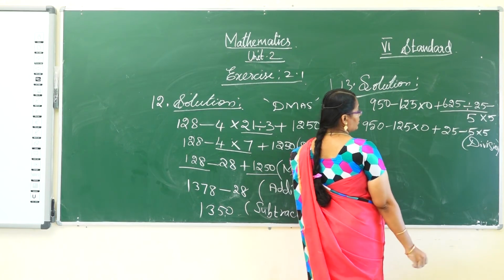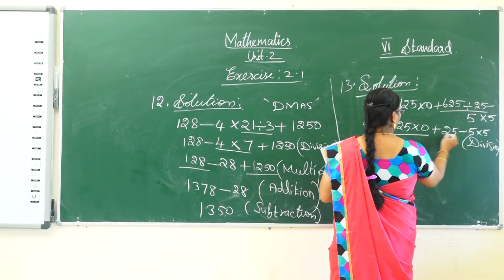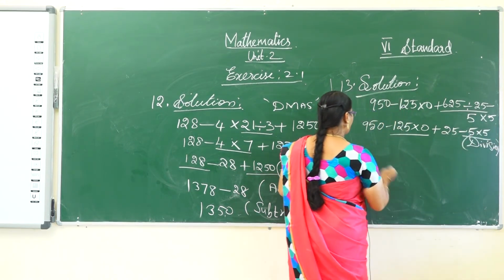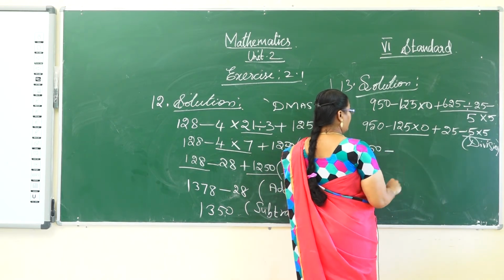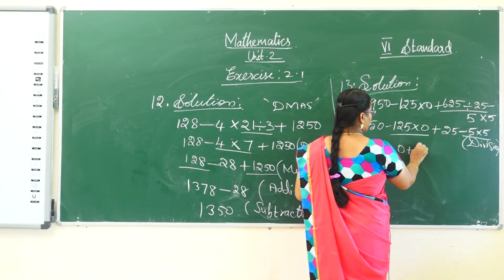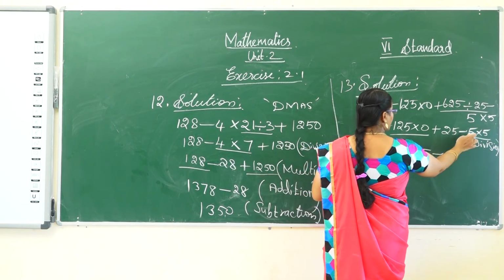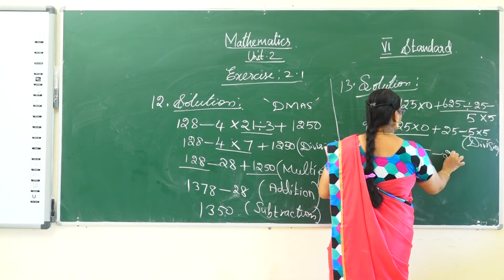Next preference to multiplication. Here two multiplication terms are there. 125 multiplied by 0 is 0, so 950 minus 0 plus 25 minus 5 fives are 25.